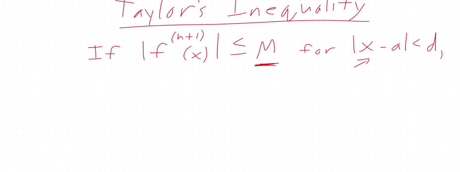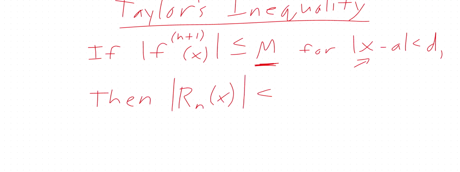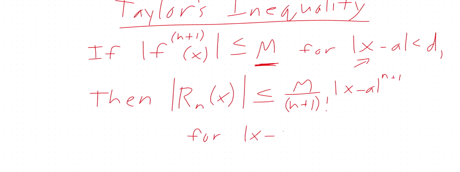Then our remainder, that R sub n, satisfies this inequality, that its absolute value will be less than or equal to M over n plus 1 factorial times the absolute value of x minus a raised to n plus 1, for that x minus a being less than or equal to d.